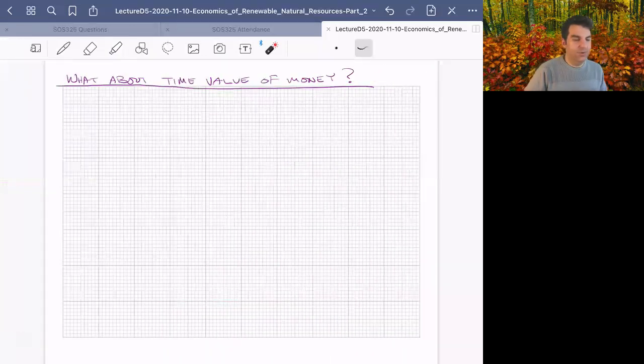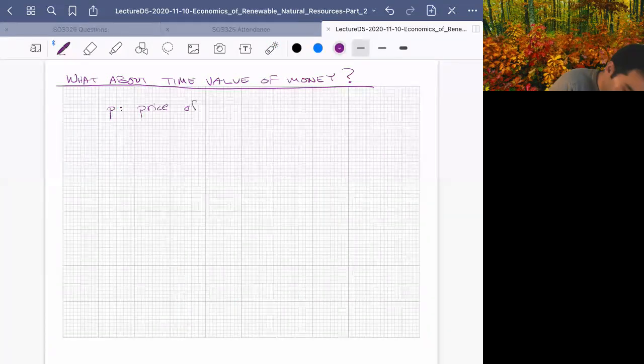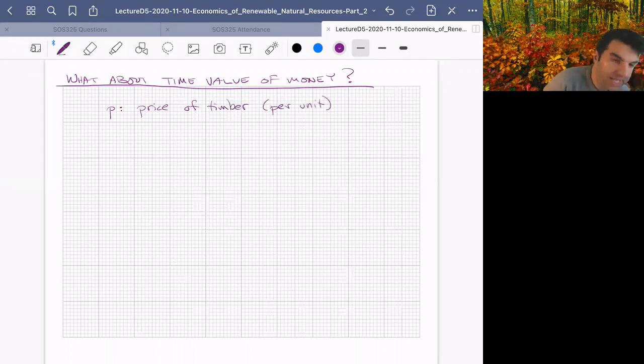Because now I need to be able to convert wood into dollars, I have to introduce a couple of variables. I'm going to say I've got P, which is the price of timber per unit. And then there was a question last time about, what about the cost of cutting this stuff down?